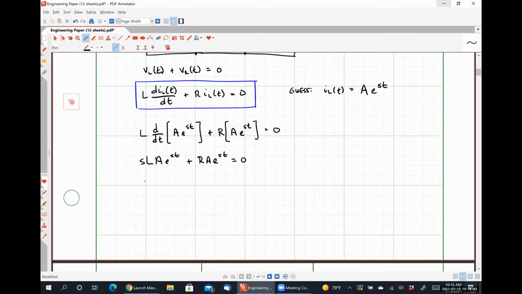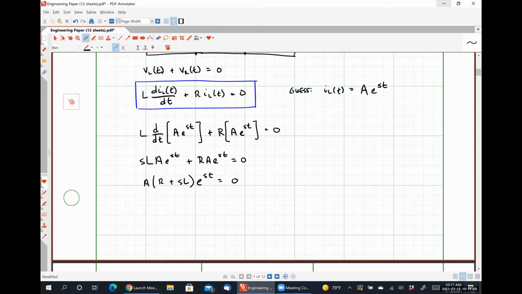So there's a common factor of A in both terms. Then I could have R plus sL, and there's a common factor of e to the st in both terms. And all of this must be equal to 0.